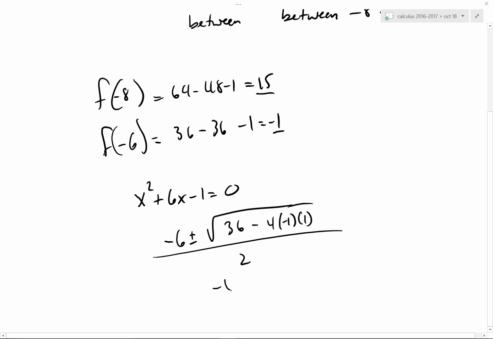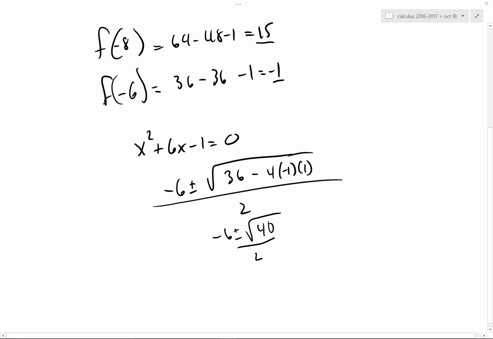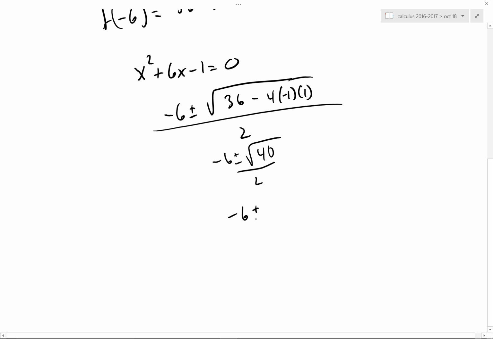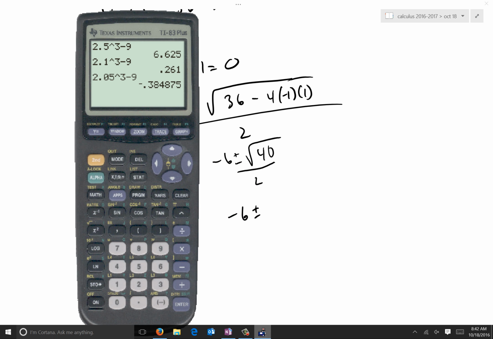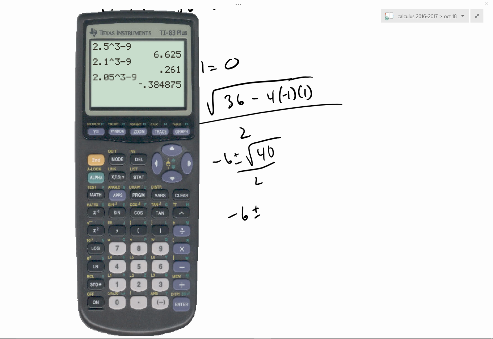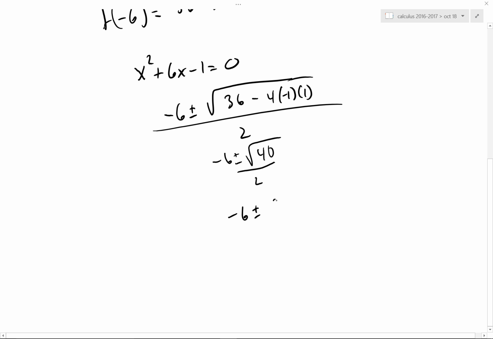So it's -6 plus or minus the square root of 40 over 2. Square root of 40 is 6.324. So notice -6 plus 6.324 is going to put me at 0.324 divided by 2, which is not helpful at all. I mean, I could find it, but I don't really care about that one. But the other one does make me a little excited.